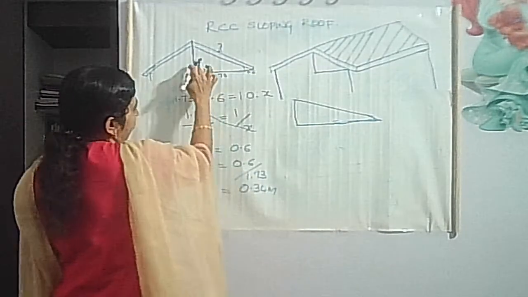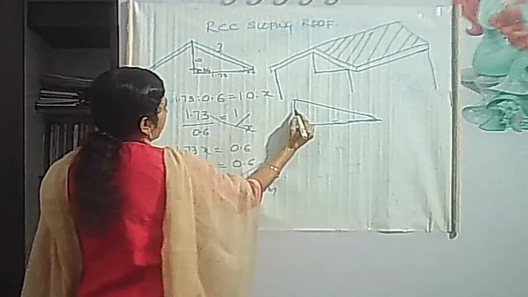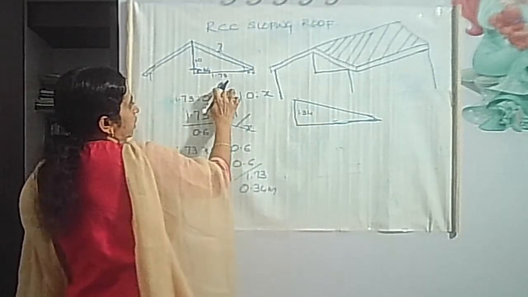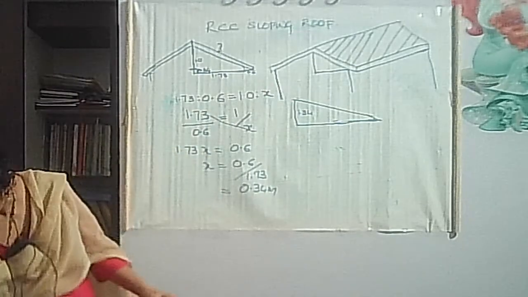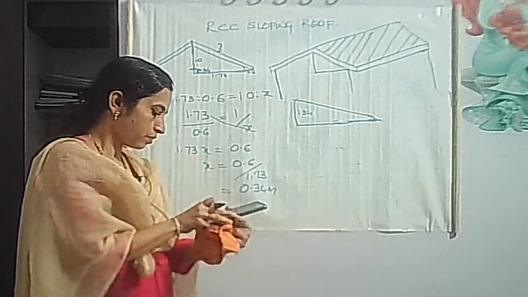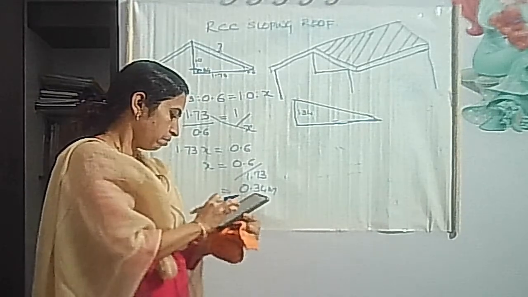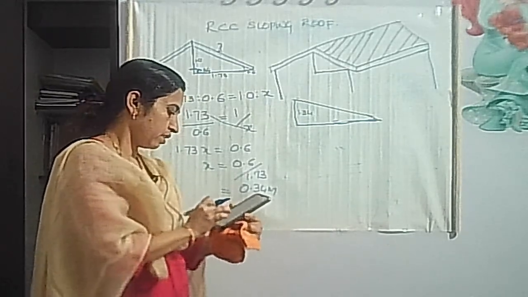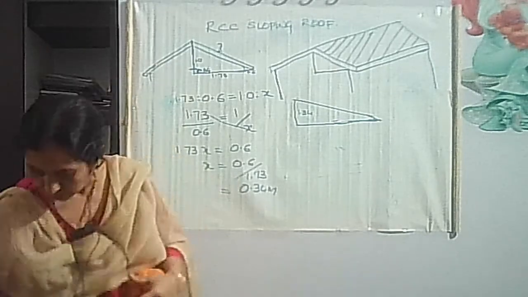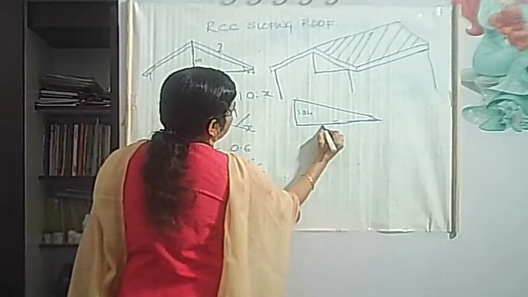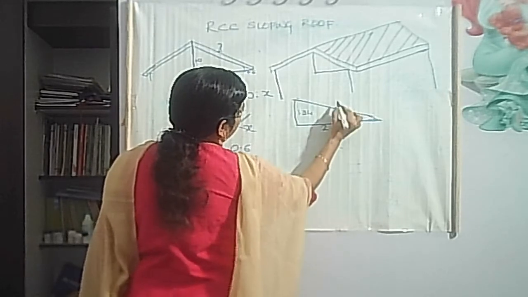So, we have found this whole distance, it is 1.34 meter. Okay. This is 1.73 plus 0.6 will be 2.33. So, this is 2.33. So, how much will be this?